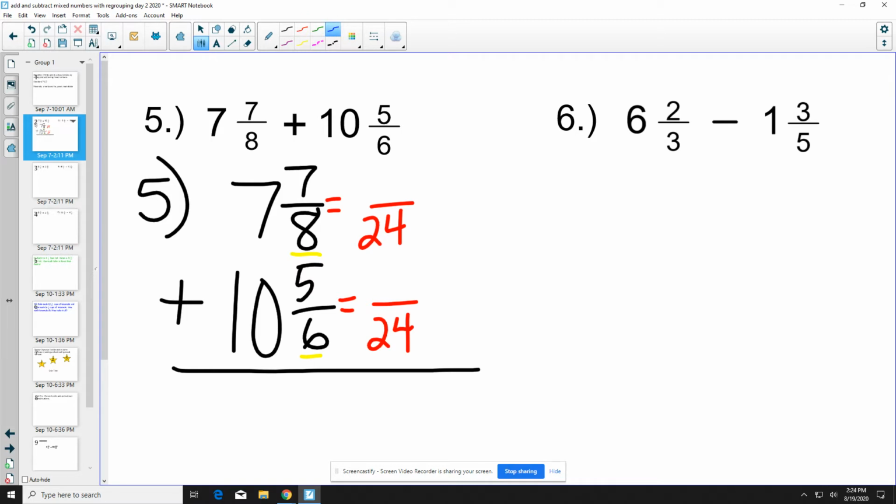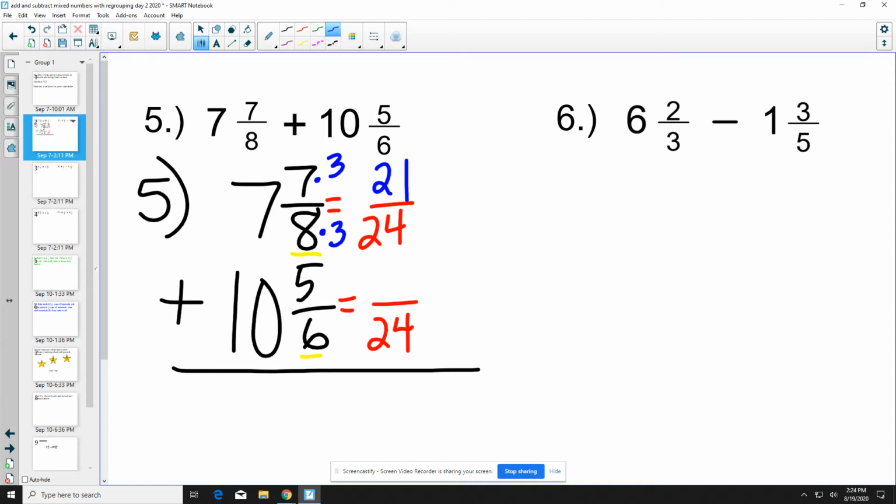Now looking at this, we're going to go to the 8, and we're going to ask ourselves, 8 times what's 24? 8 times 3. So if I multiply 8 times 3 to get 24, I have to take 7 times 3 to get 21. Right.